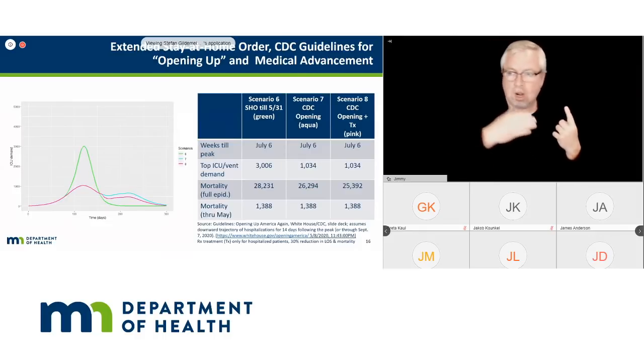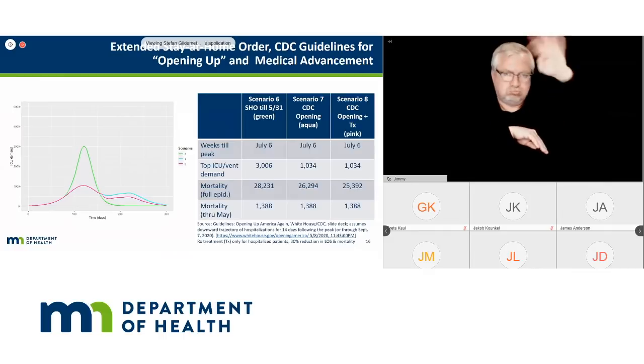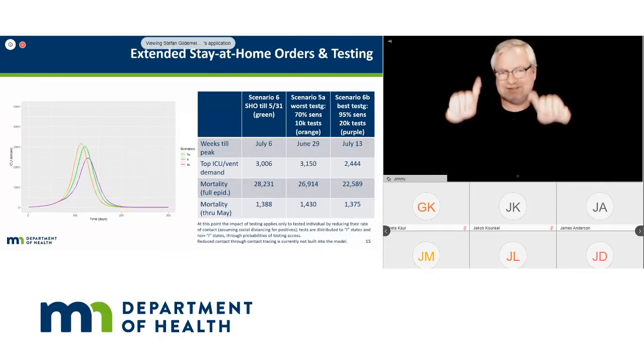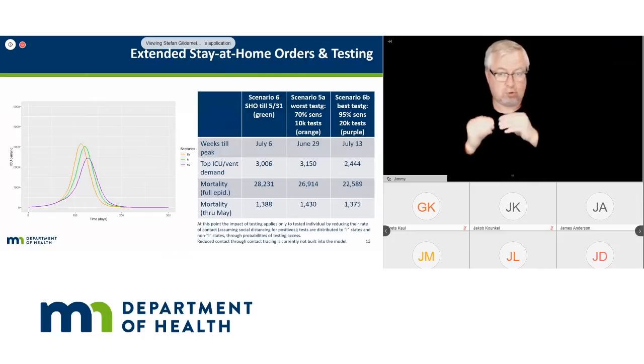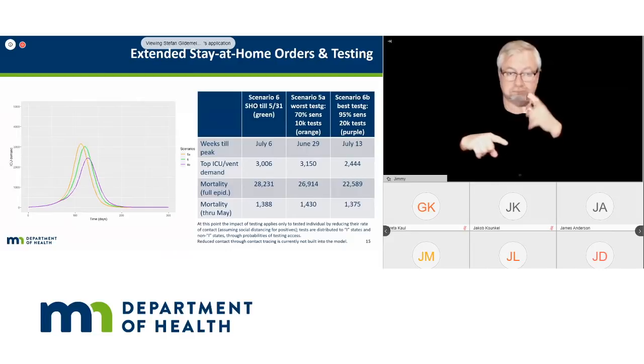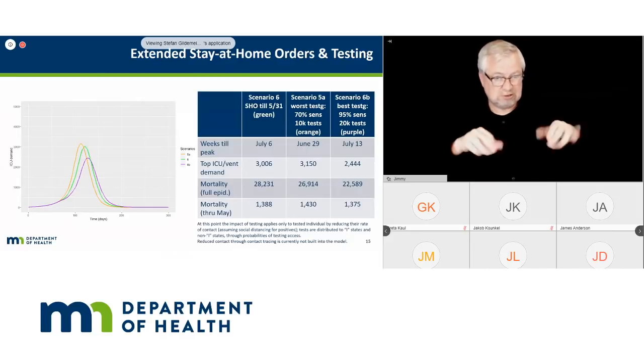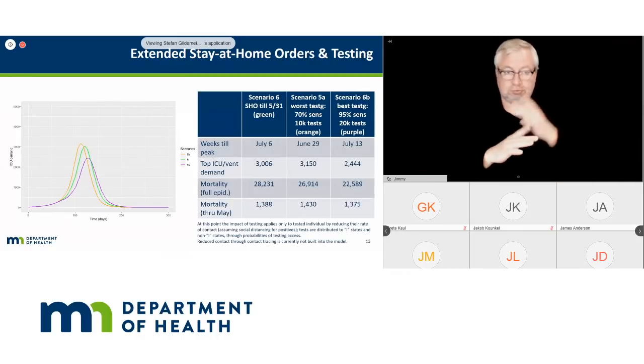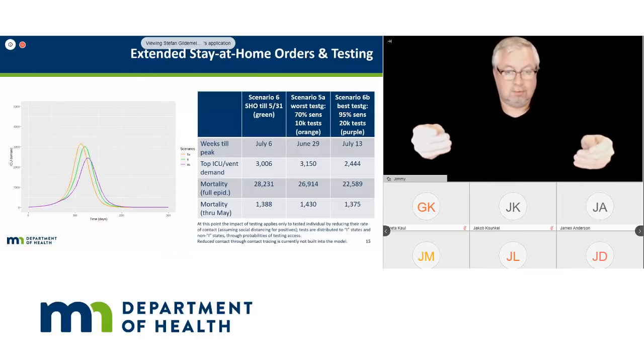The other thing that's happening with the testing scenarios is that we're assuming there's some testing going on, so there's more identification of positive cases and isolation. And so there you have a reduced number; fewer people are getting infected is the upshot. If you can prevent infection, then you can prevent the downstream mortality risk associated with that infection.